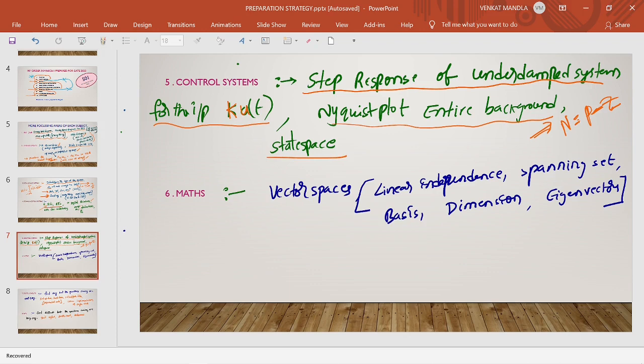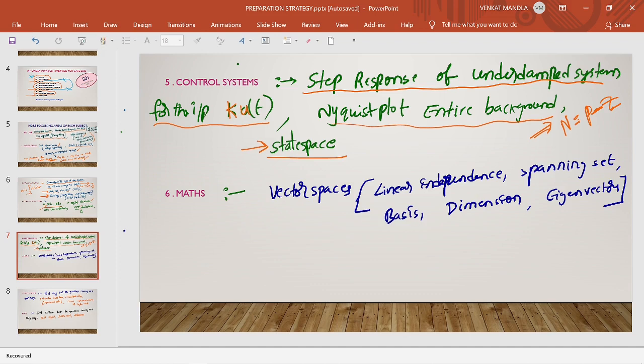Next, the state space. After preparing all the concepts from control systems, we feel tired, and then we neglect this state space subject, but every year we are getting a 2 marks question. So don't neglect the state space.